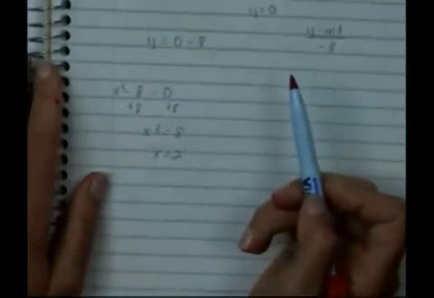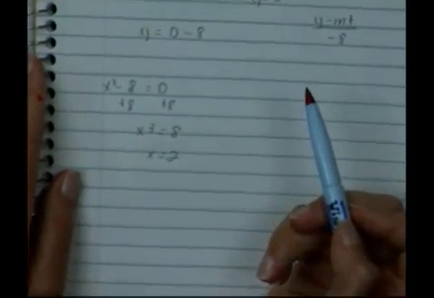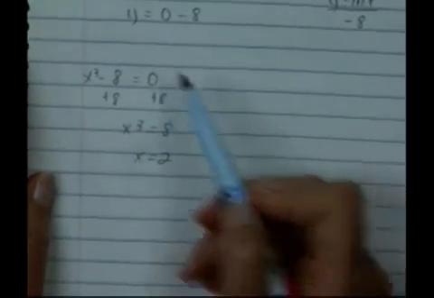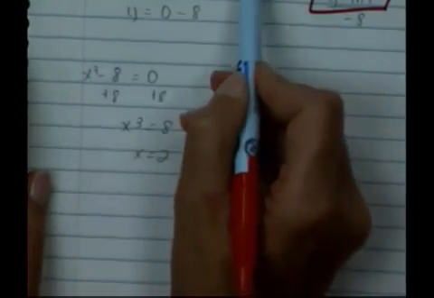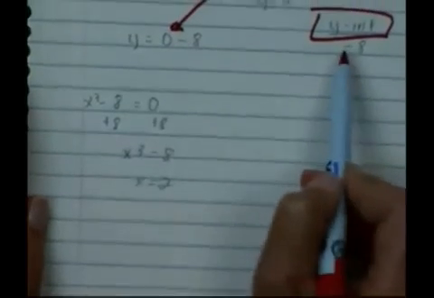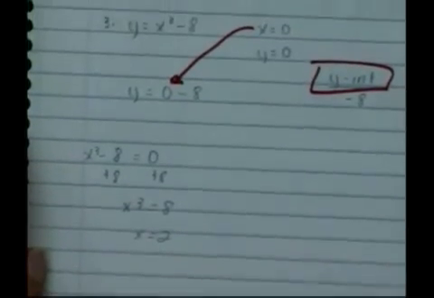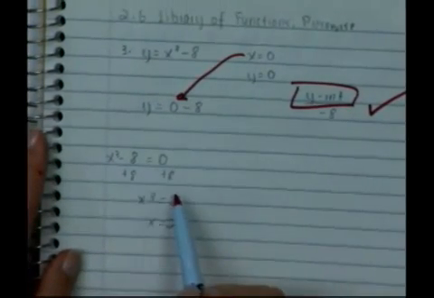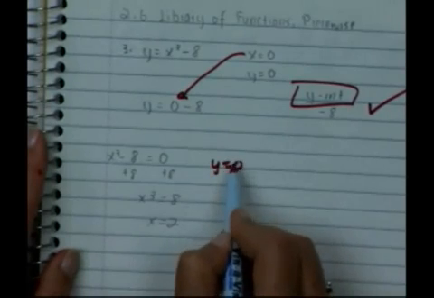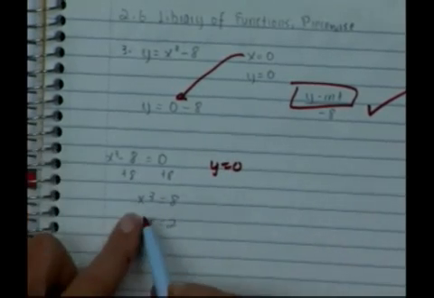The third problem was to list the intercepts. So we're looking for first the y-intercept. When you have the y-intercept, you let x be 0, y is equal to -8. Check. And when you were looking for the x-intercept, you let y equal 0.